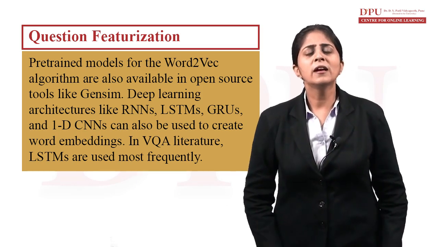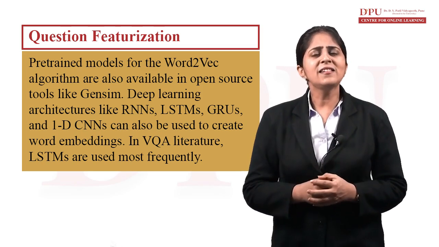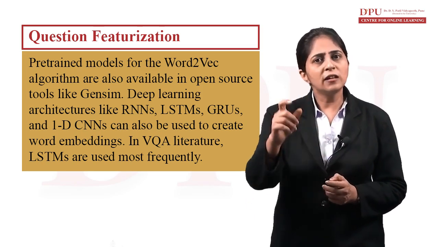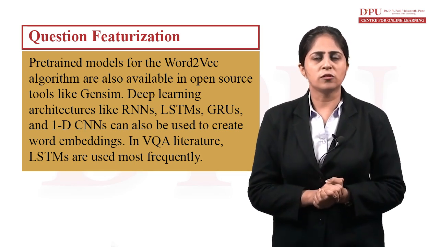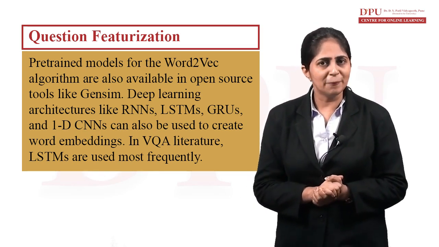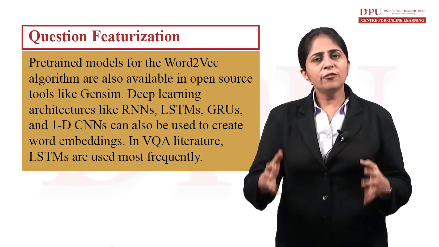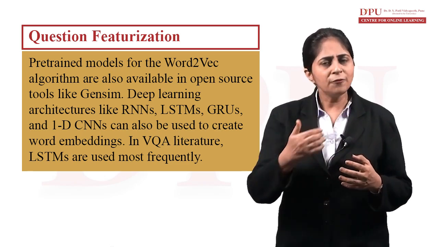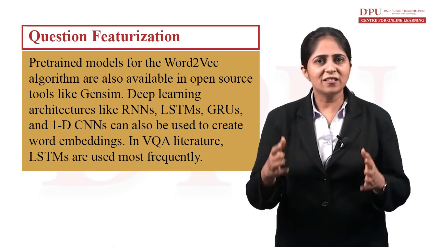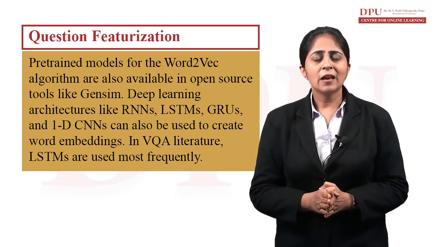In the visual question answering literature, LSTM, the long short term memory that we studied, was the most frequently used for word embedding. So we have various models for the word to vector algorithms. A few algorithms are designed for the purpose of word embedding.